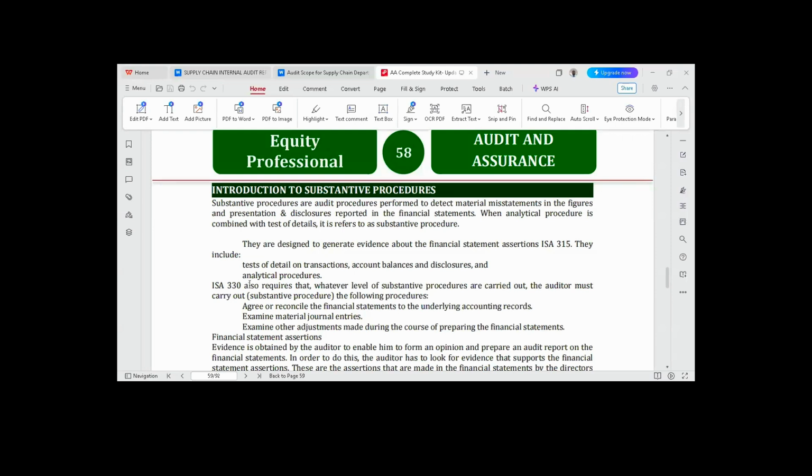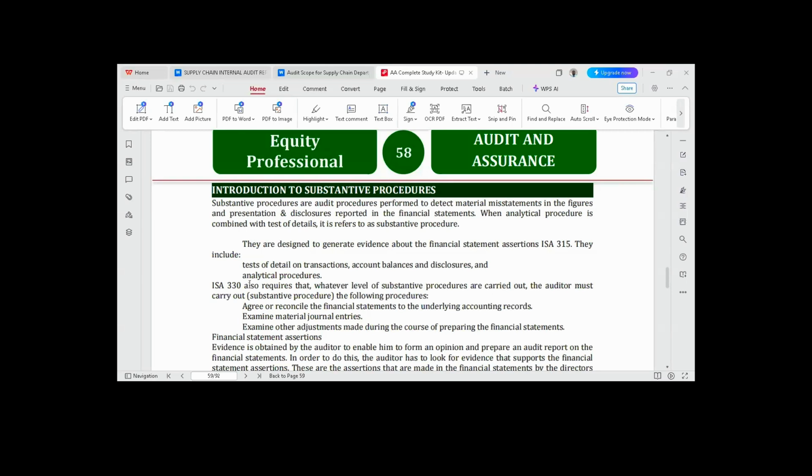Now, how can you be sure that the financial statement does not contain any material misstatement? Then you are going to subject it to financial statement assertions. So I will recap again. What are financial statement assertions?